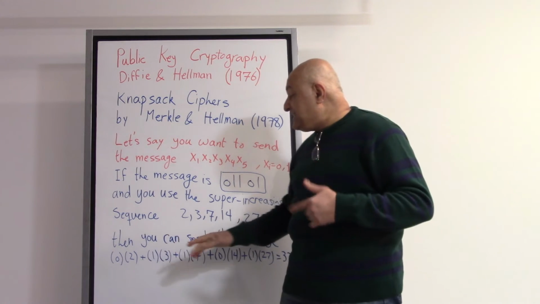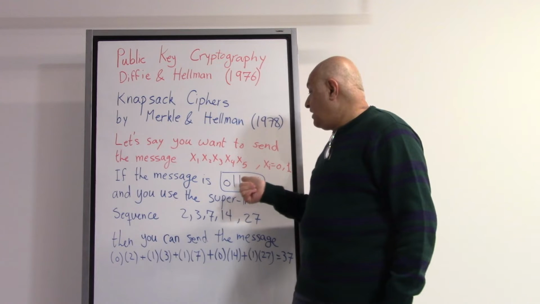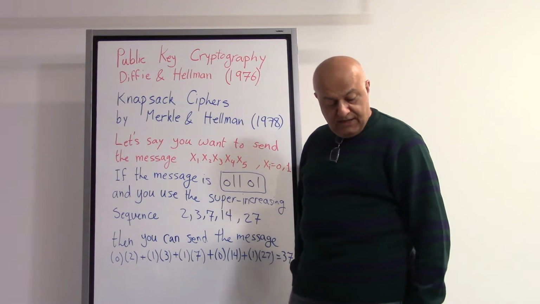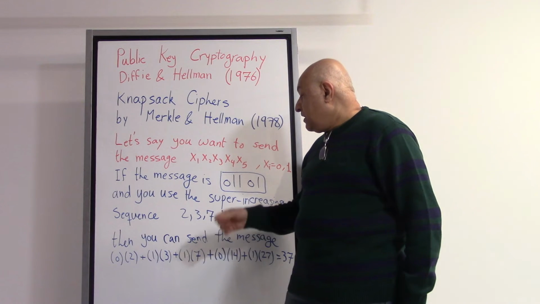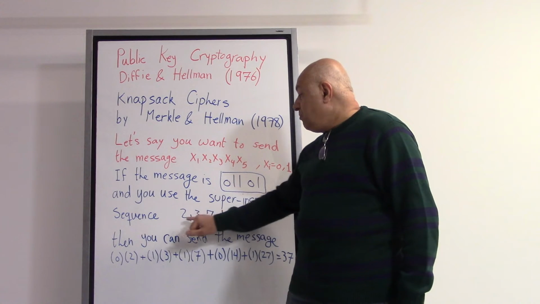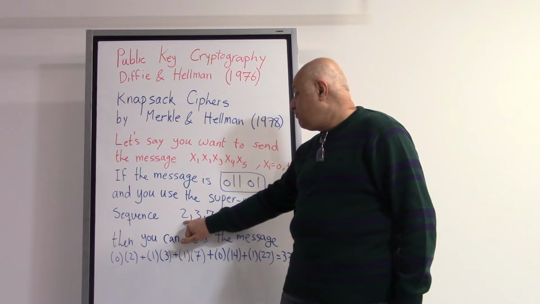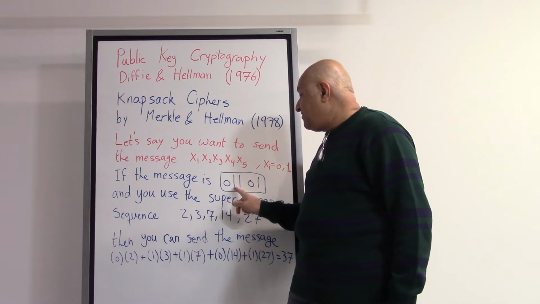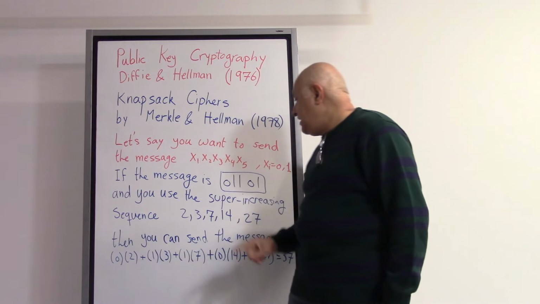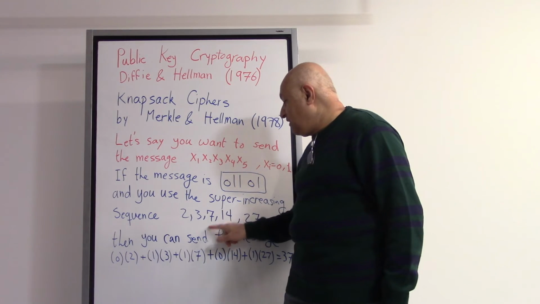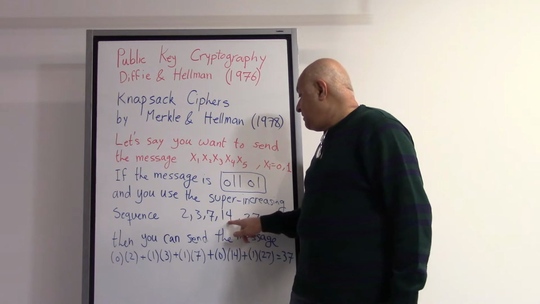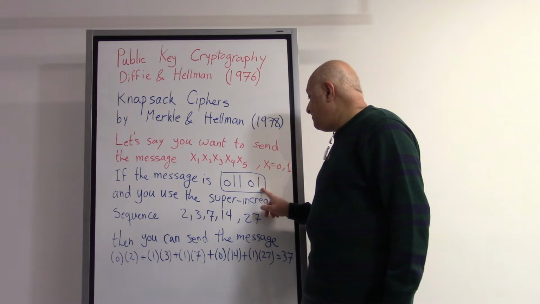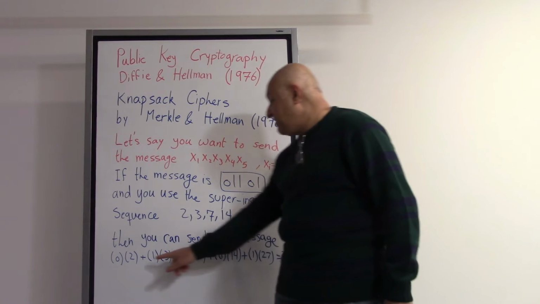Then you can send this message 0, 1, 1, 0, 1 this way. You have 0, you multiply 0 by 2, then you have 1, you multiply 1 by 3, then another 1, you multiply 1 by 7, then 0 multiplied by 14, and the fifth digit was 1, which you multiply by 27.